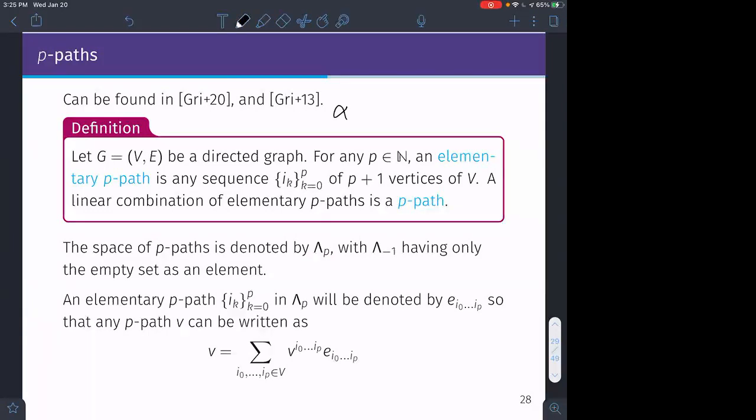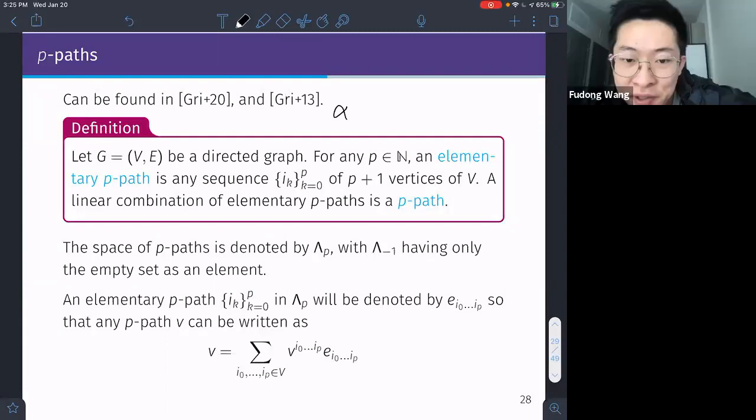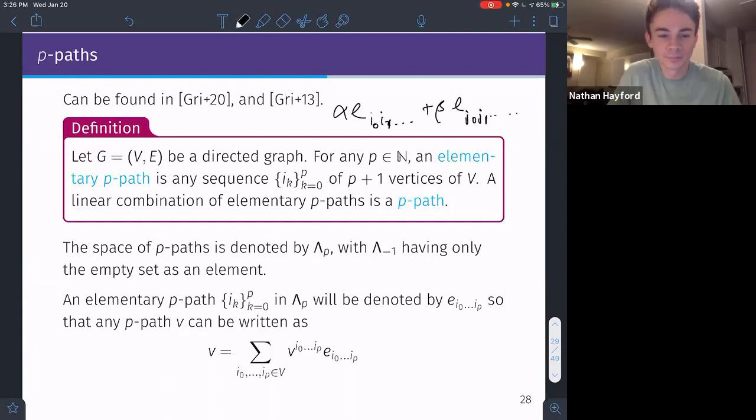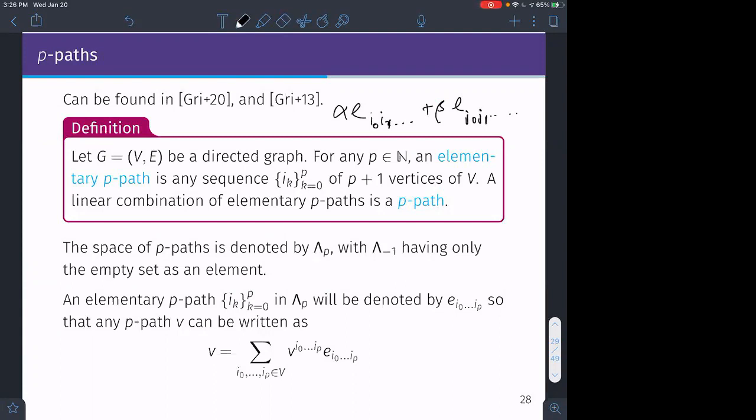Suppose I used this notation. This is a sequence, right? So yeah, i0, i2, i1, etc. plus beta times e, this could be j0, j1. I don't know why 0 is being followed by 2, and so on. So formal sum of p-paths. Fix a field, any field. Usually it will just be real numbers, or integers.